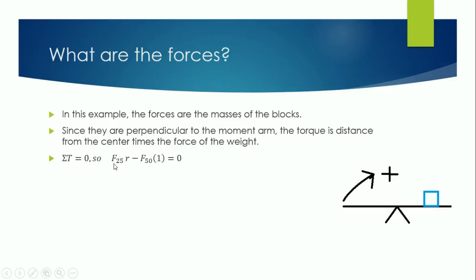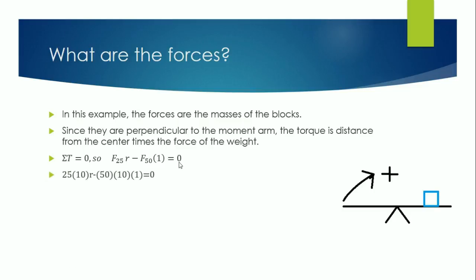So the force of the 25 kilogram mass is positive, times its distance. And then the force of the 50 kilogram box on the other side, and its distance, which is 1, which we are given. I called this negative because it wants to twist it to the left. So the torque of the 25 kg minus the torque of the 50 kg is 0. That's what that means.